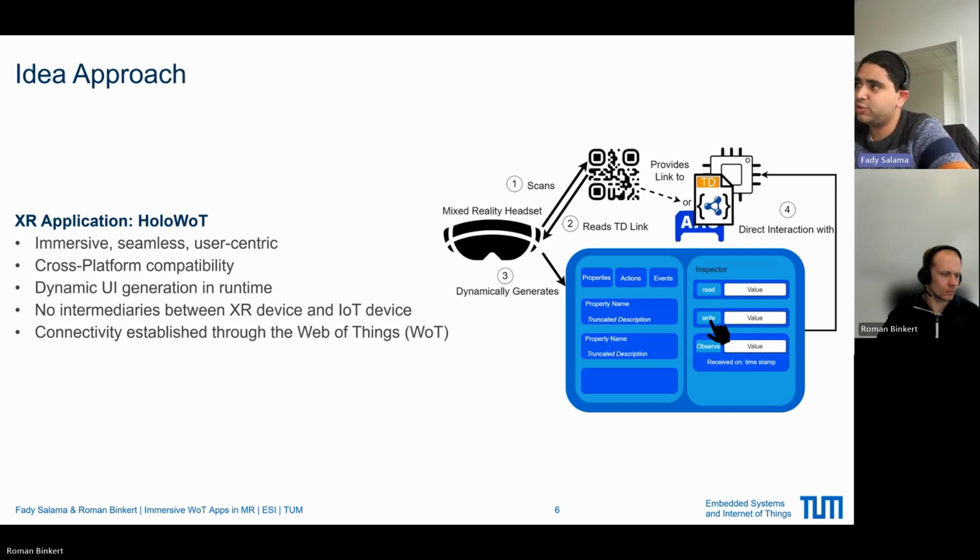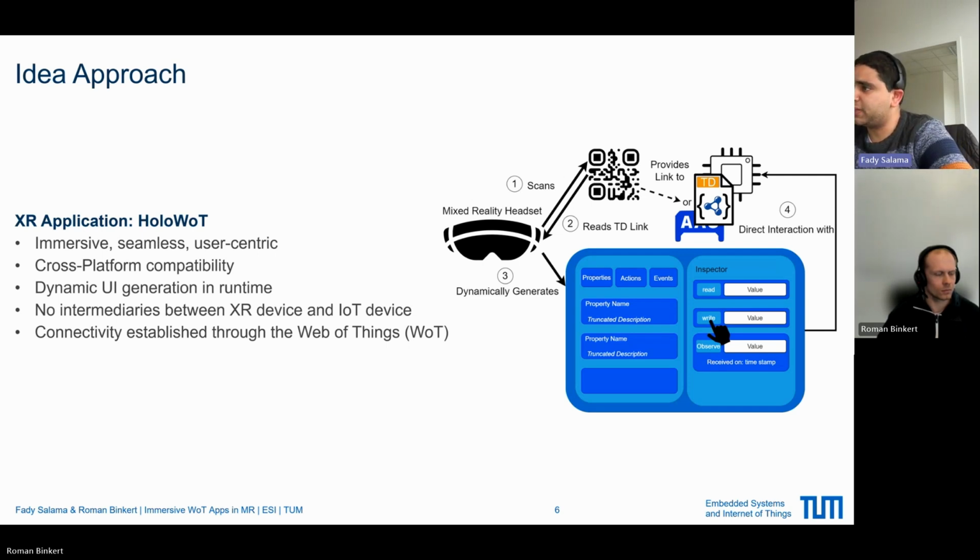That QR code points to the thing description describing the device that you want to interact with, and that thing description is then used to dynamically generate some kind of UI that you can see in front of you, that you can use to interact with the device, read its status, or invoke some actions that it can do.